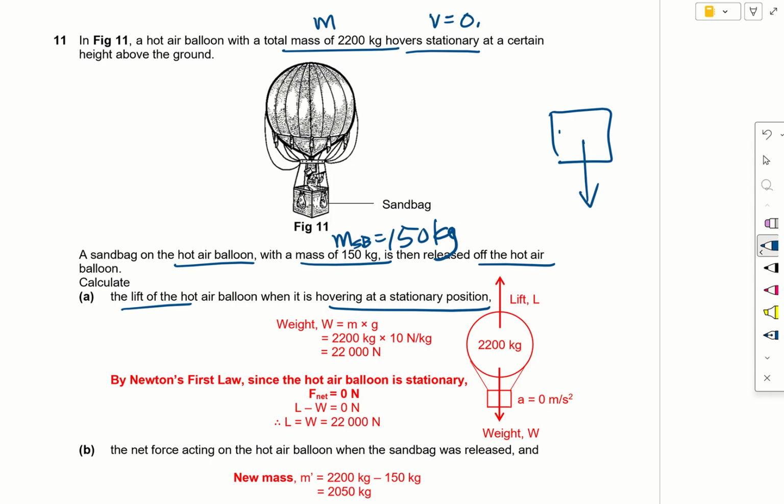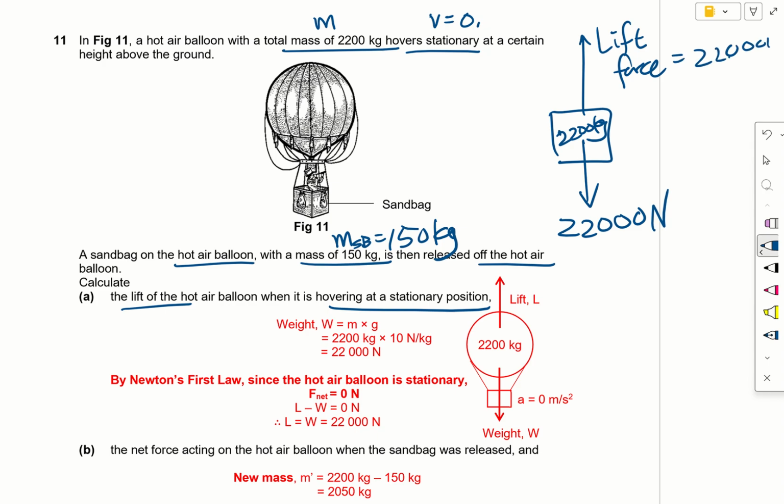So if this mass is 2,200 kg, that means it's being pulled down by gravitational force by Earth with a force of 22,000 Newton. Okay, but why doesn't it plummet to the ground? Because there is a lift force of 22,000 Newton.